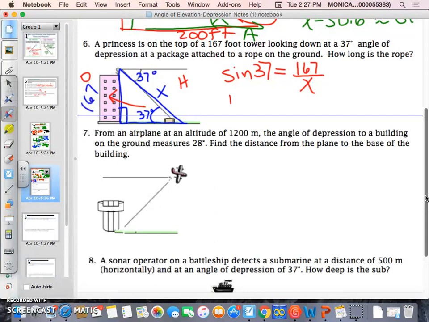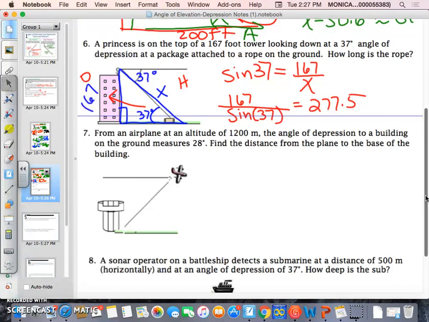So this is going to be 167 divided by the sine of 37, and that equals 277.5. So that means the hypotenuse is 277.5. And just by looking at a quick check, I know my hypotenuse has to be the longest side. And since 277 is in fact longer than 167, it is a legitimate answer.